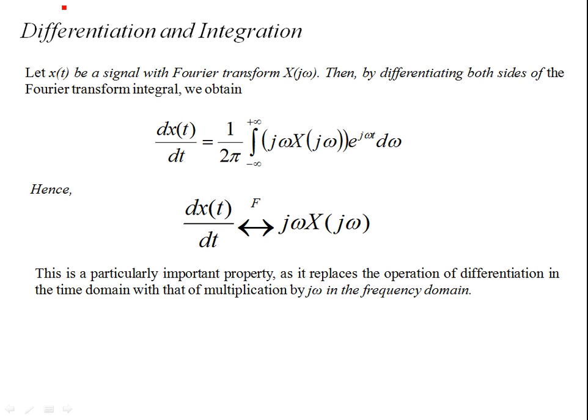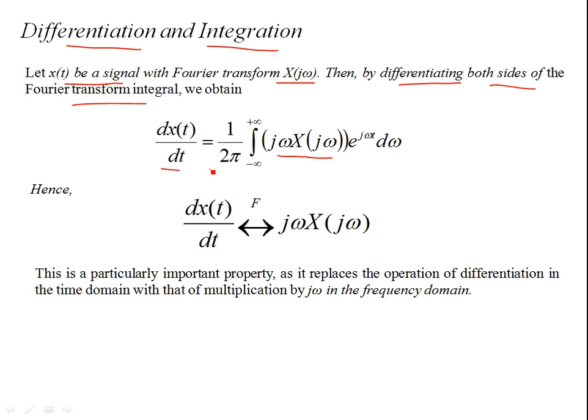So let's continue with the next properties. Next is differentiation and integration. If you have a signal x(t) with Fourier transform X(j omega), then differentiating both sides of the Fourier transform integral, if you take the first differential of x(t), on both the right hand side and the left hand side, you see the integrand takes the form of j omega X(j omega).